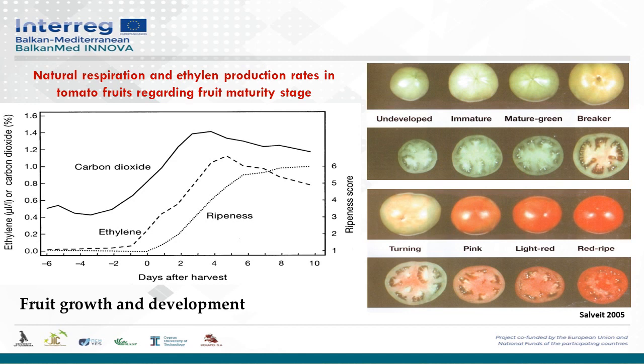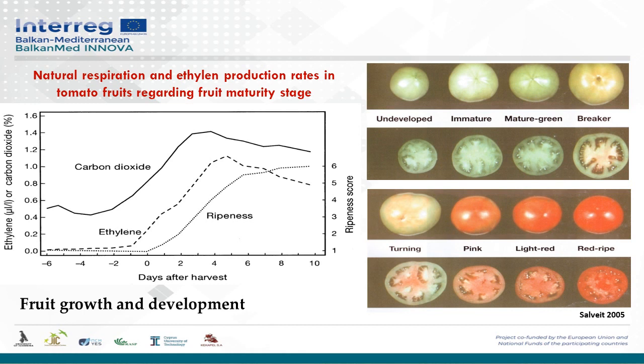So this is the reason why people were thinking that they might enhance fruit ripening by artificially increasing the ethylene concentration in the environment when these non-climacteric fruits are stored or after harvesting.